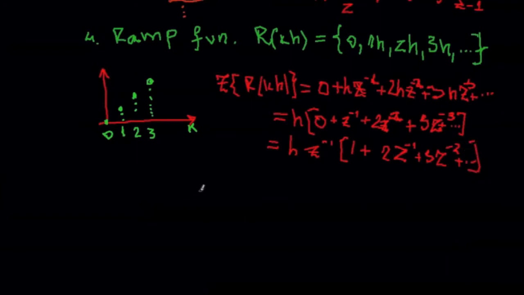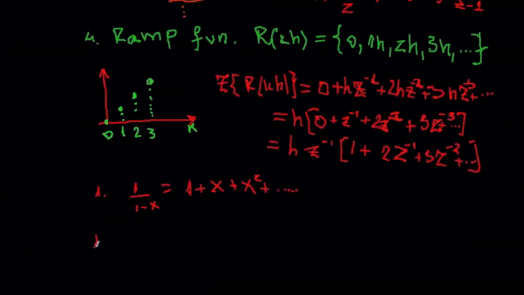Now, having this in mind, we can say, on the basis of the following knowledge, that first, 1 over (1 minus x) equals 1 plus x plus x squared plus, and so on.